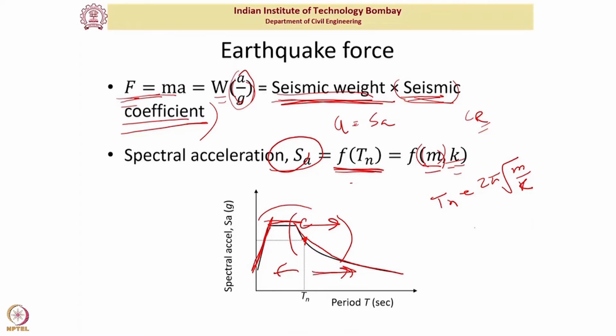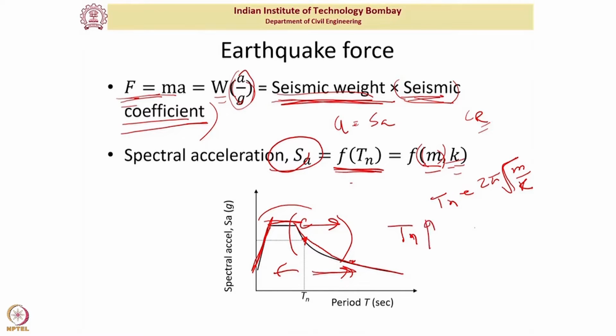Now, if I do that, that means I need to change the time period. And I know time period is 2 pi root of mass by k, the stiffness. To decrease the Tn, oh sorry, in this case not decrease, I'm sorry, increase the time period to decrease the force.